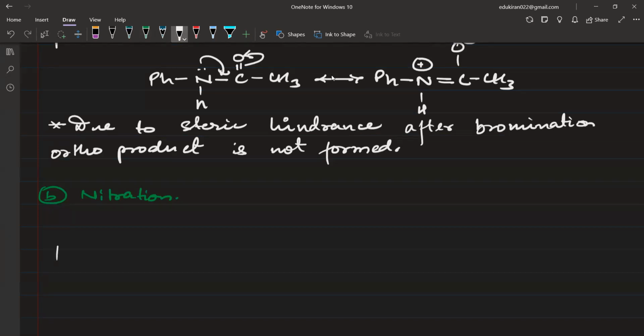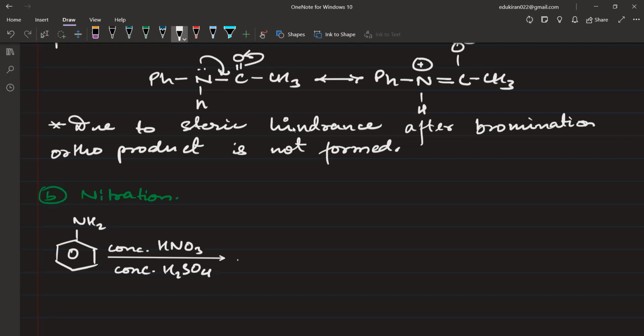ये लिखिएगा नाइट्रेशन. You have concentrated HNO3 and we use concentrated H2SO4. Now, nitration is also important. इसमें क्या होता है आपके पास?